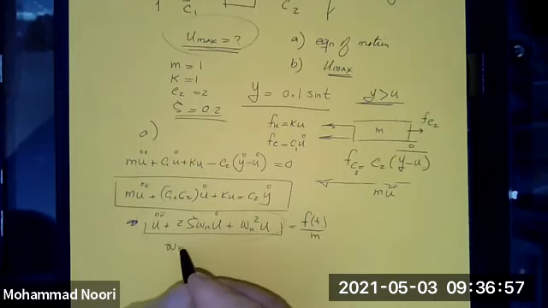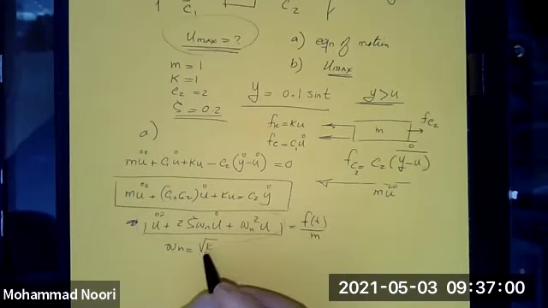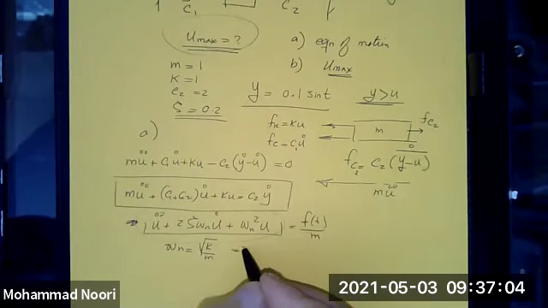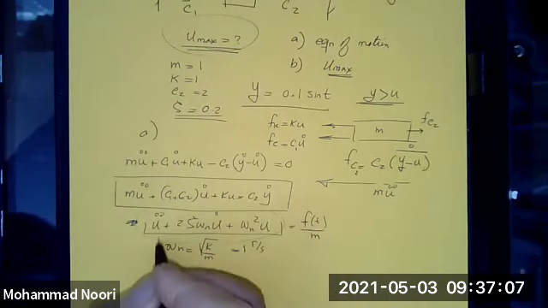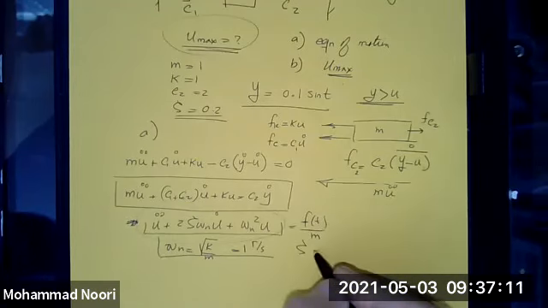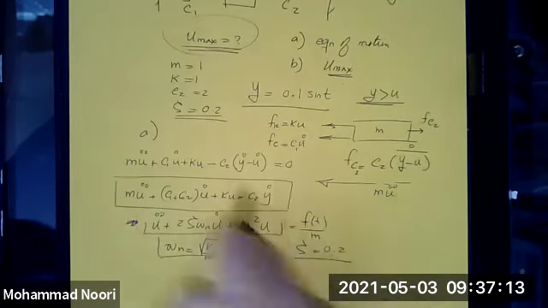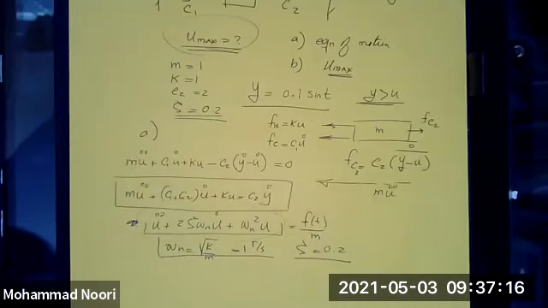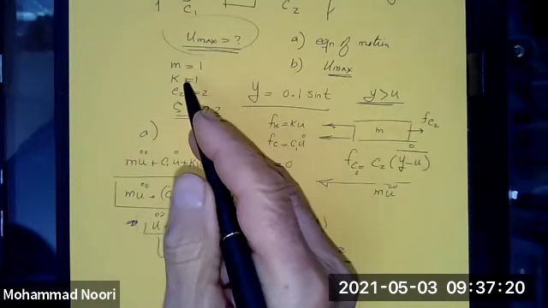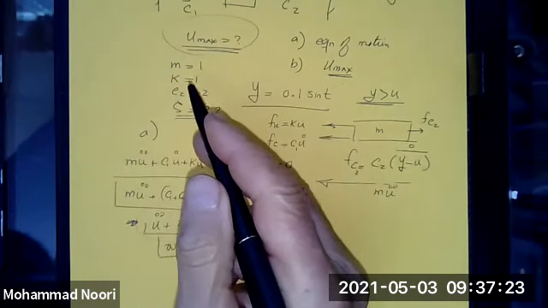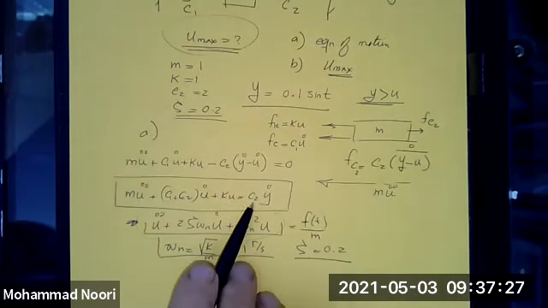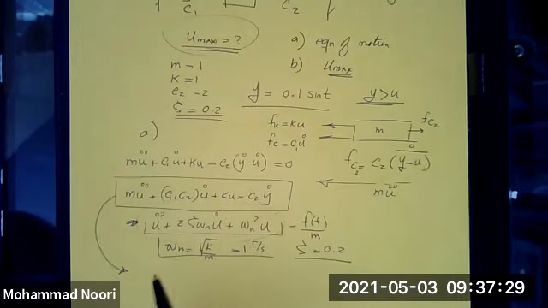First of all, omega n is the square root of k over m. k is given as 1, m is 1, so that's 1 radian per second. Zeta is given as 0.2. And c2 was given, so I substitute all those values into this equation.